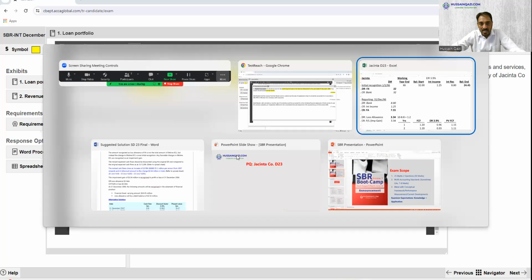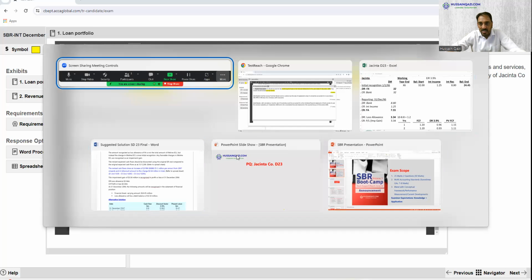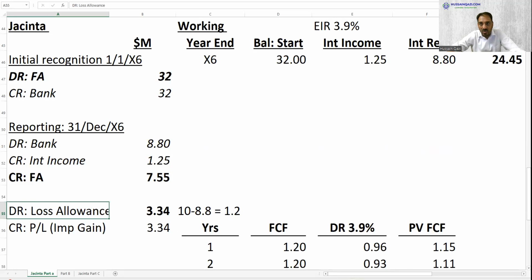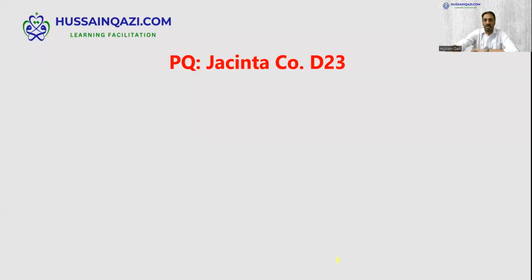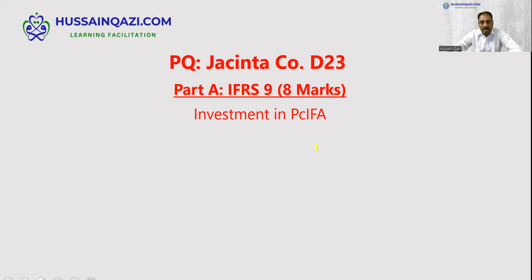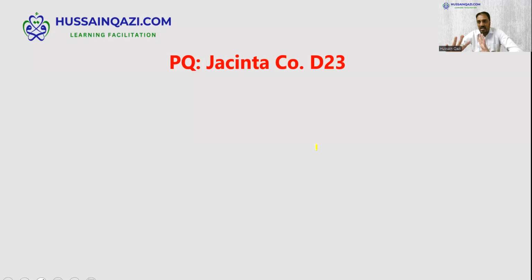So let's start the discussion about the answer with respect to the exam context. Here you need to cover the concept of the purchase credit impaired financial asset and also consider the Jacinta company. I'm providing you the drafting support here.